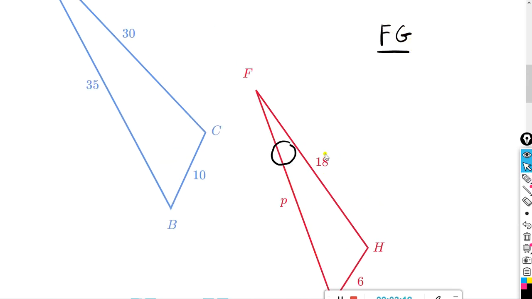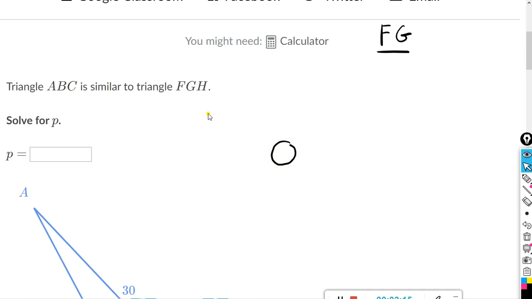Then you want to look at the statement. FG is the first 2 letters, so choose the first 2 letters here. That's AB. For your other fraction, choose any other 2 corresponding letters. I'm going to choose first and last.